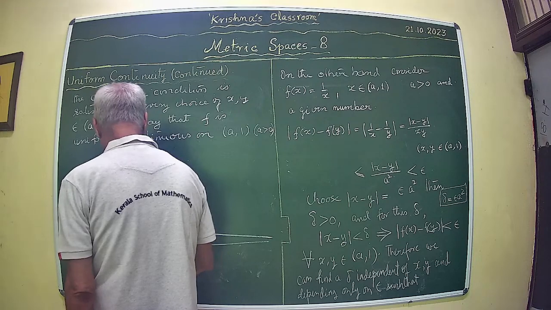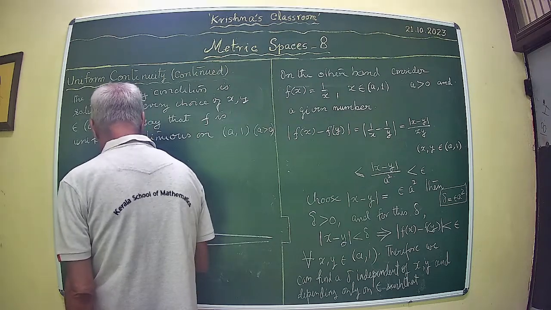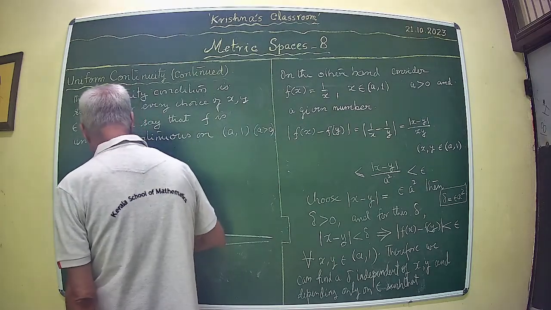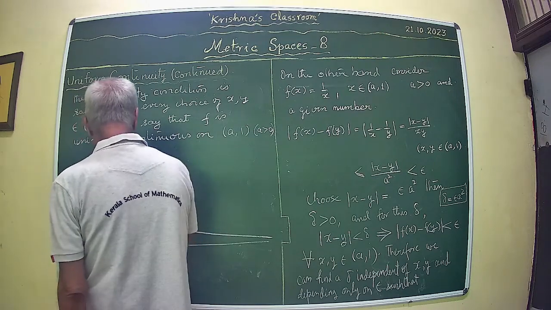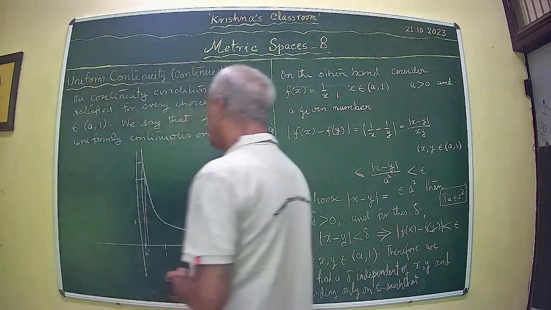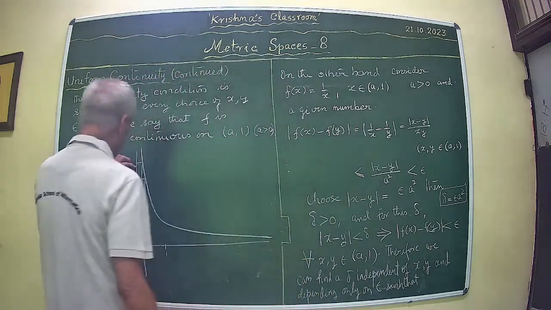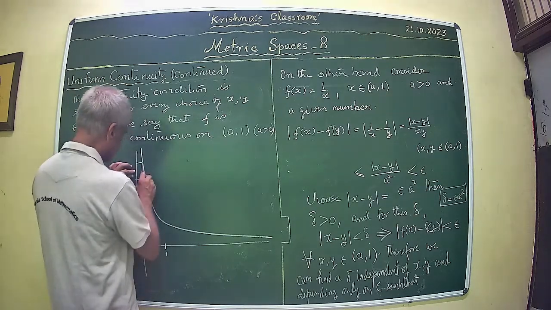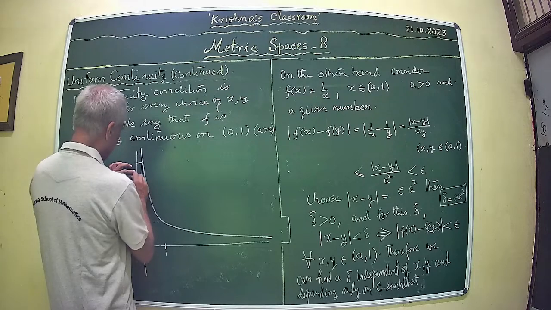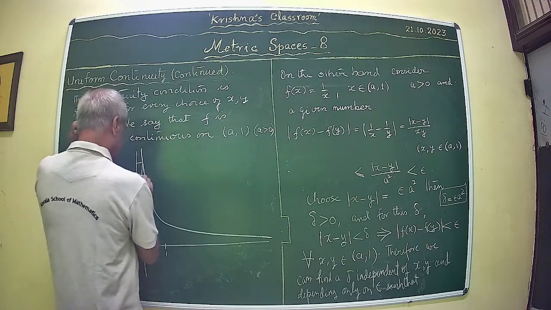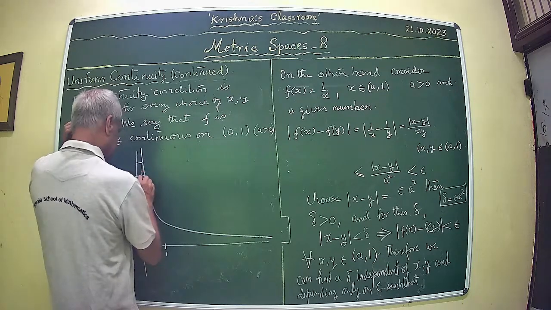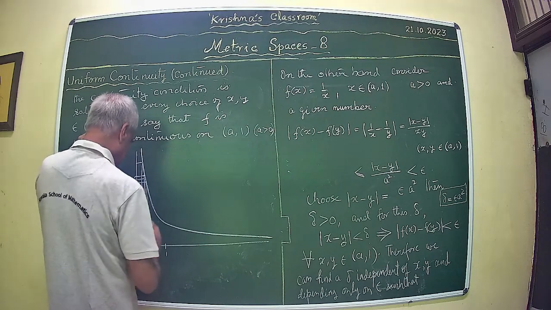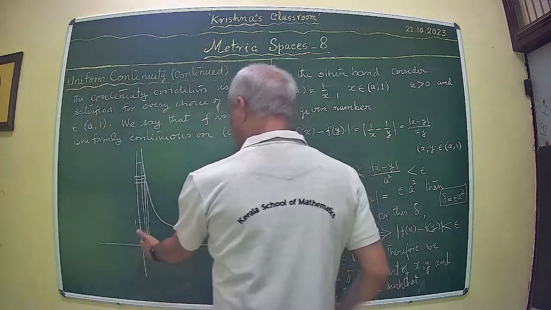Suppose this is the point x, this is the point y. So if you were to fix a neighborhood of x, say epsilon neighborhood of this, then you can always find a delta neighborhood here.